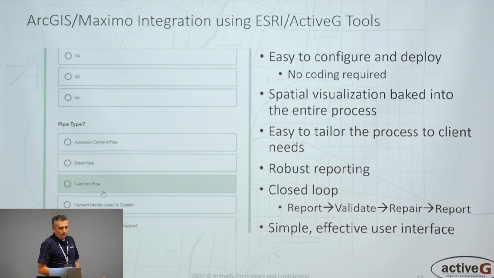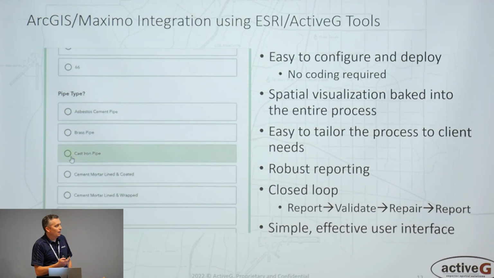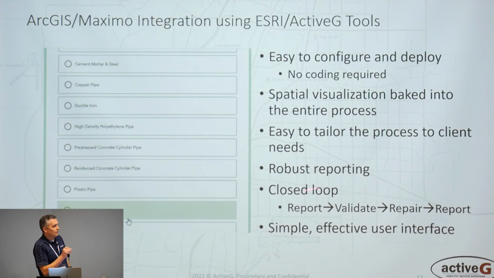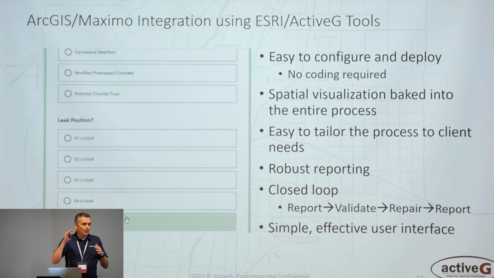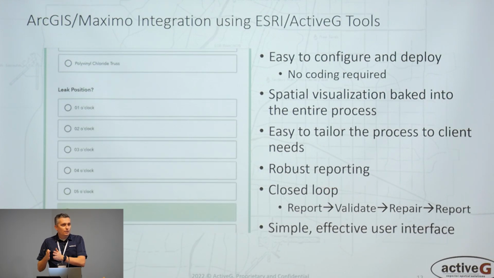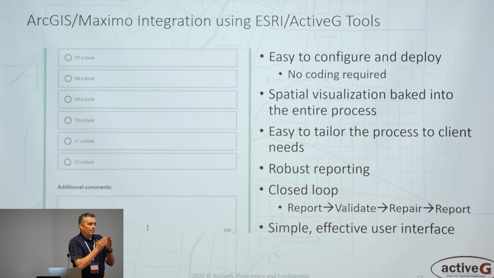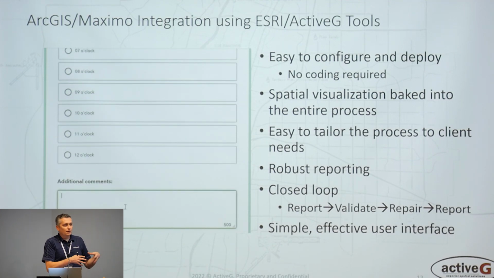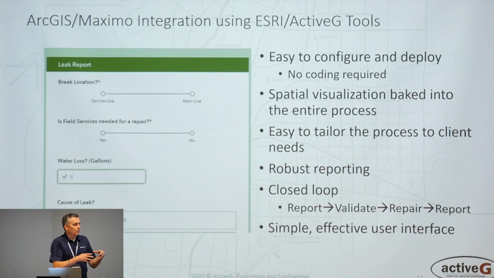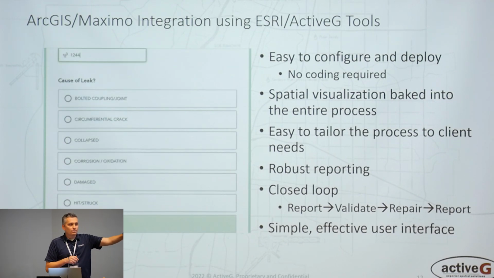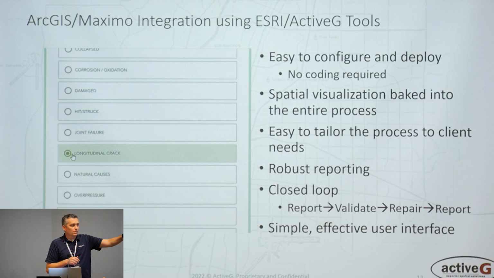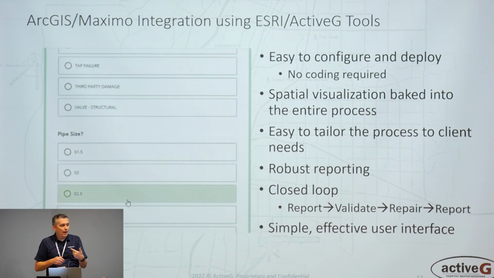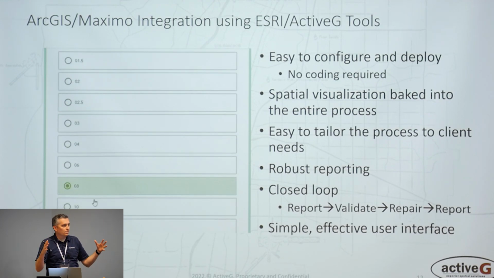So one thing that we found is that our customers specifically like the closed loop, where it can be reported in GIS, it can go through the processing in the Nash workflow, it can be repaired by a user that's logging all that in Maximo, and then reported back to GIS on a dashboard.